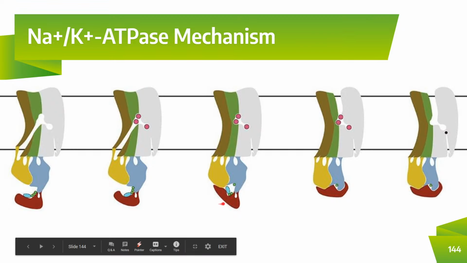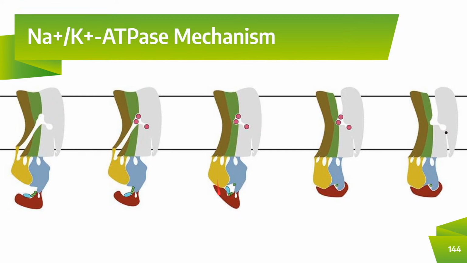What then takes place is the hydrolysis, and you see this red part kind of makes a connection with the yellow one, and thereby the yellow one changes its conformation and closes up this tunnel.